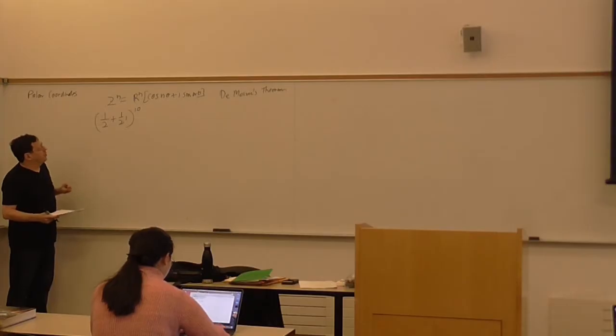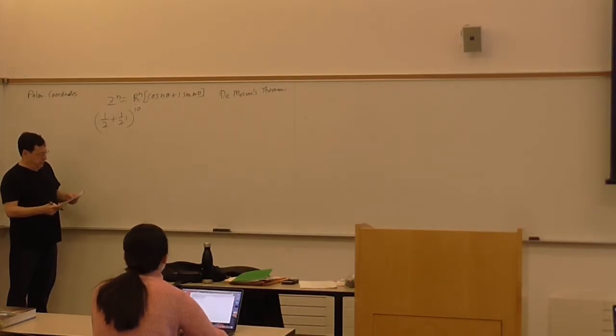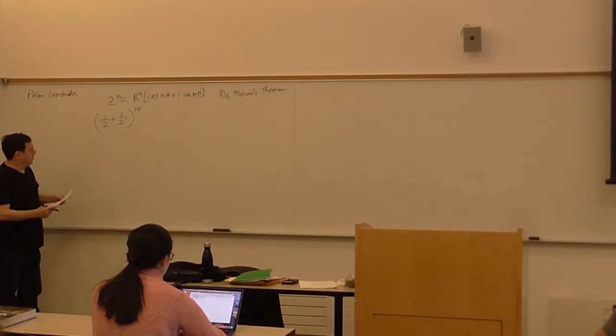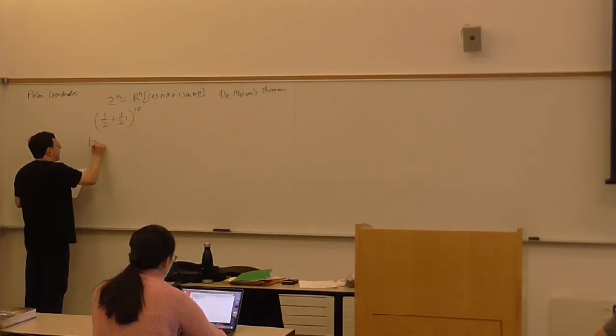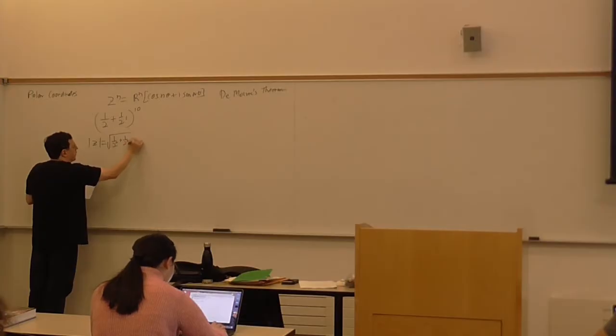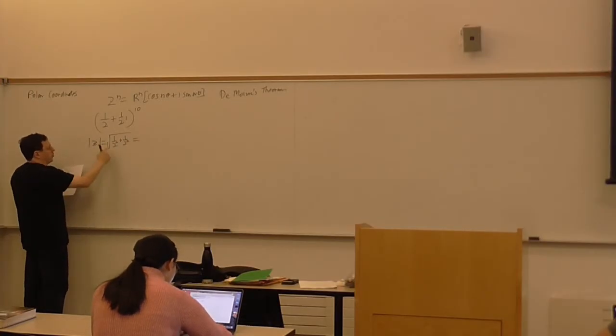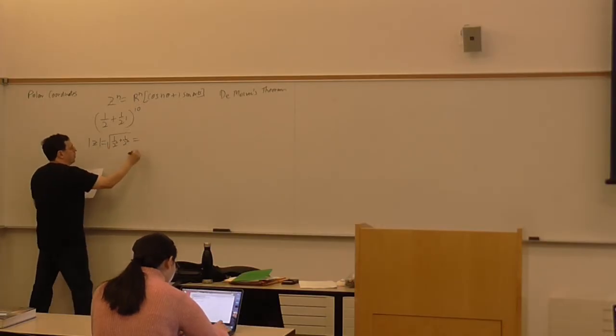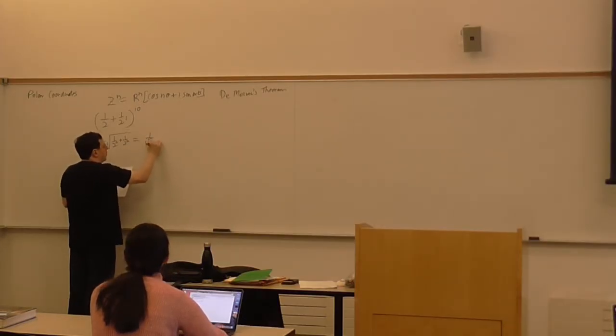But De Moivre's theorem gives me kind of an end run here. To do that, I first have to put this into polar form, so let me go ahead and do that. The modulus here is the square root of 1/2 squared plus 1/2 squared. So that's 1/4 plus 1/4. Square root is 1 over the square root of 2.